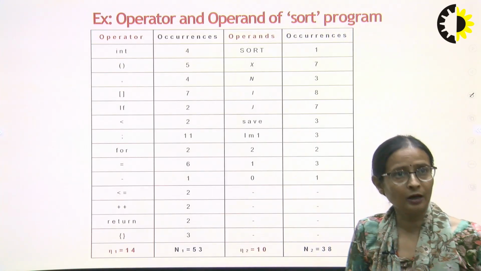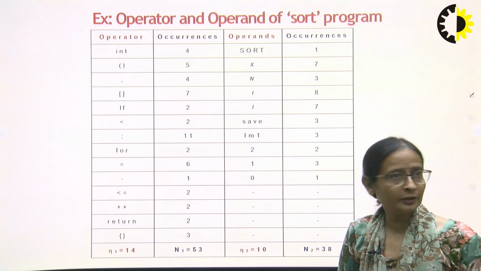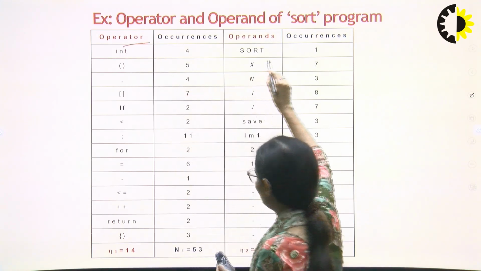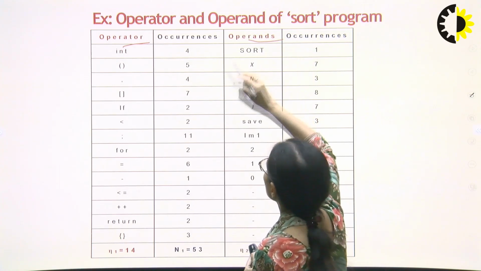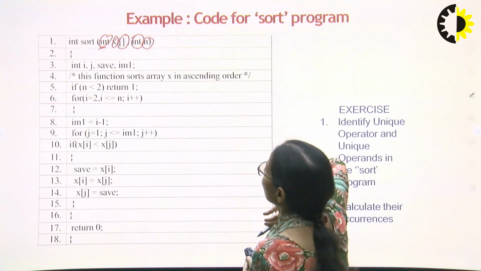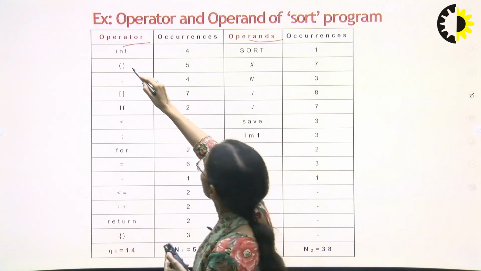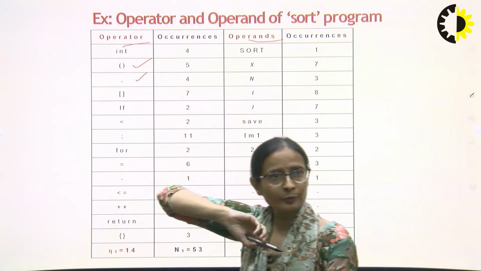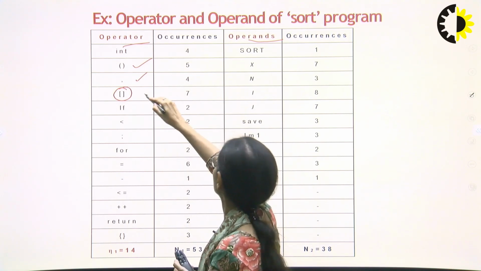My int comes under the category of operator. The name of the function, sort, comes under operands. Then the round brackets act as operator, the comma comes under operator, and the square brackets again come under operator.